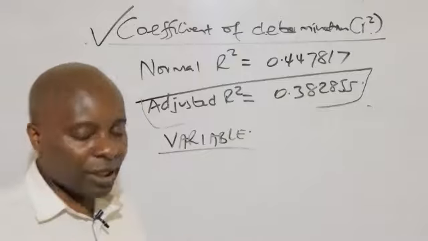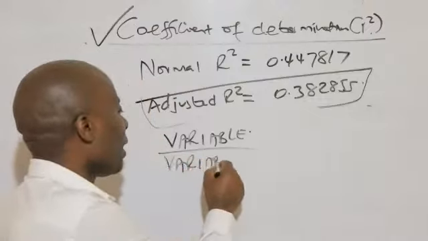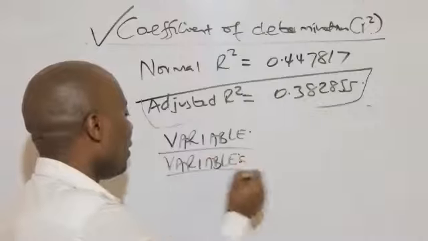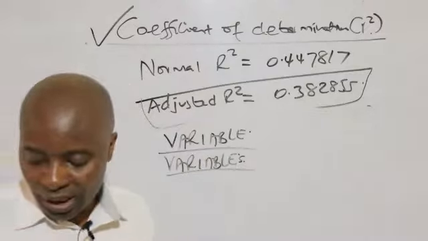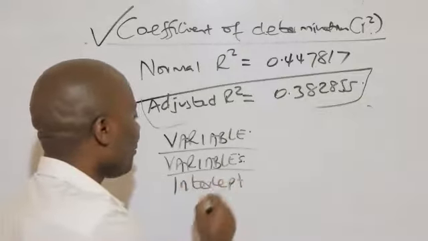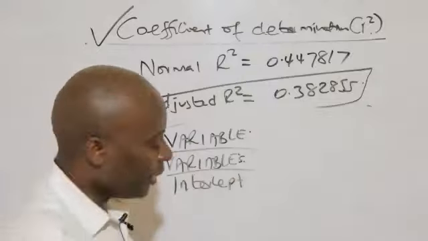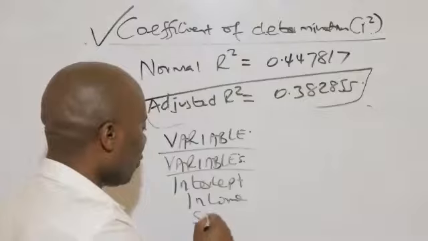So I need two things here. I need my variables. My variables: we have the constant, which is the intercept, and then one for income, and lastly one for size.